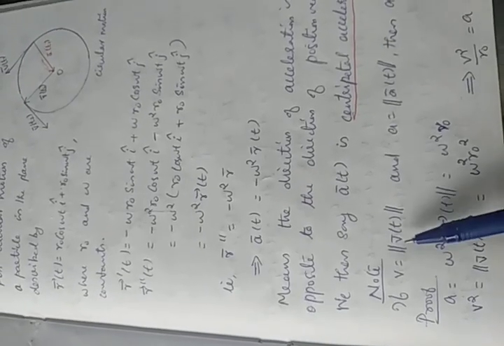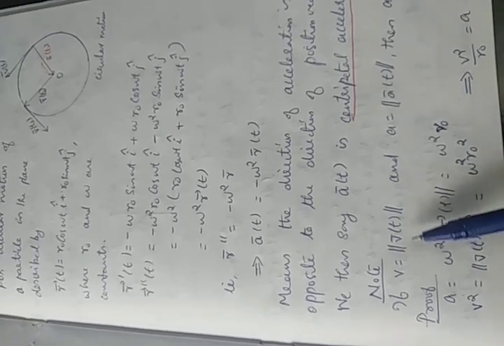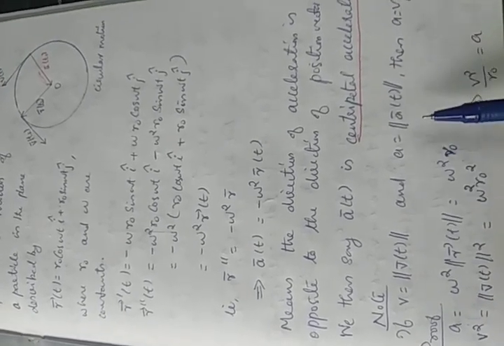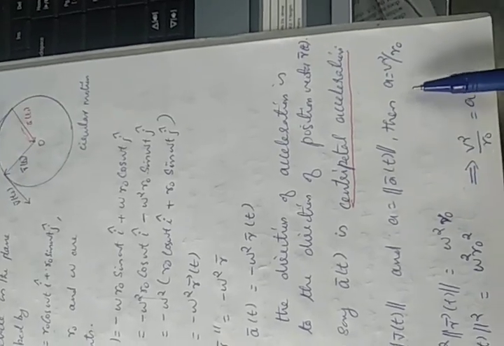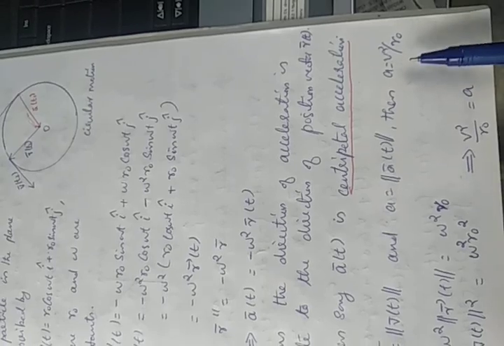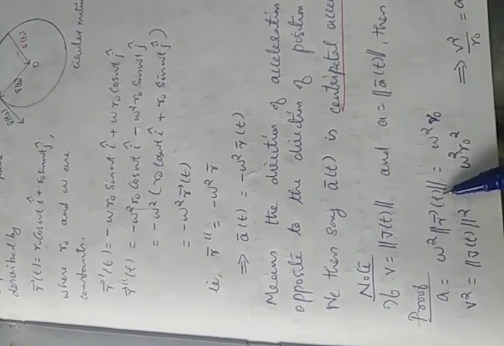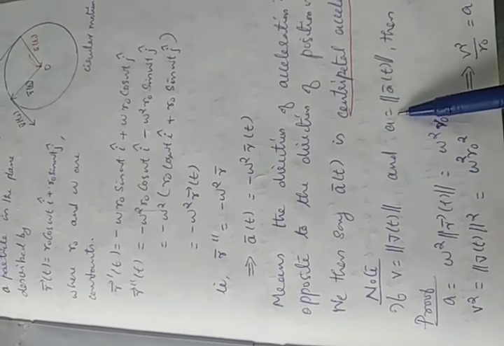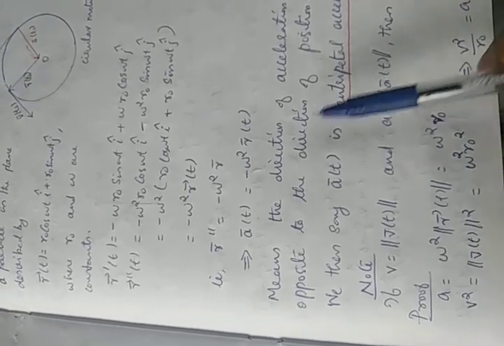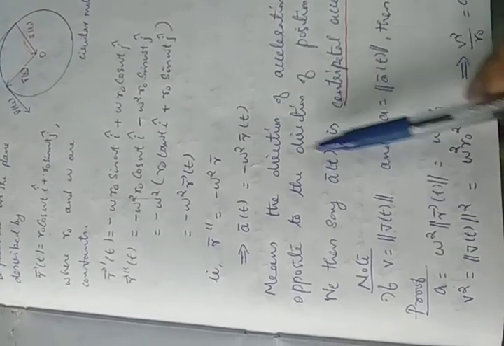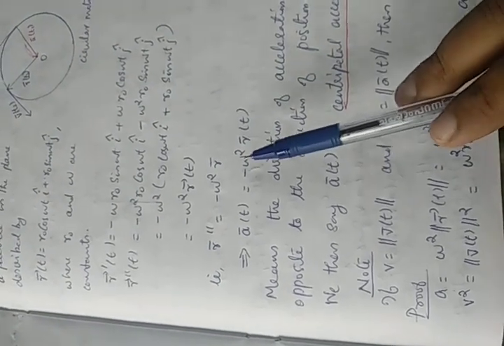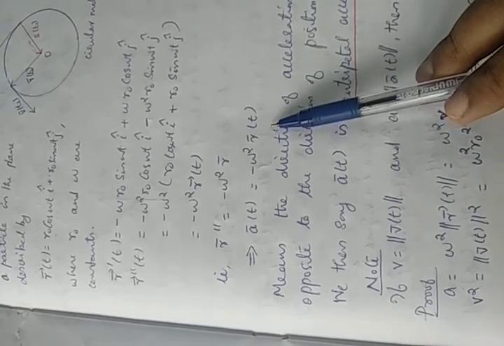Now if magnitude of velocity vector is equal to v and magnitude of acceleration vector is equal to a, then we can prove that a is equal to v square by r naught. We have a is equal to norm of a of t, and a of t is equal to minus omega square r of t. So its magnitude, a is equal to omega square into magnitude of r of t.